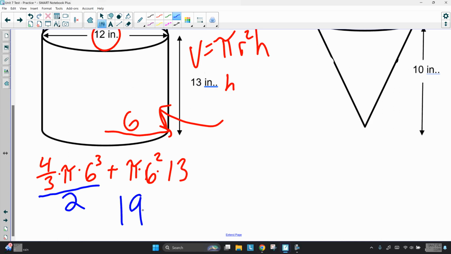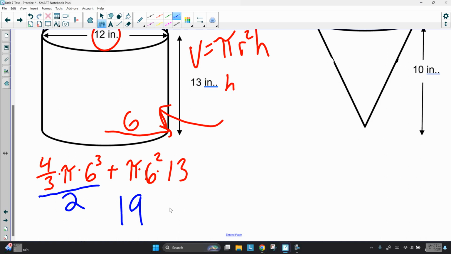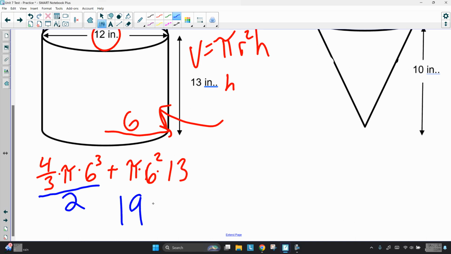Since my poor little computer is struggling to keep up with me, and since I had to erase it, I forgot the number. Don't laugh at me. 1,921.68. Yeah, as you can tell, it's getting a little laggy. This is inches cubed.